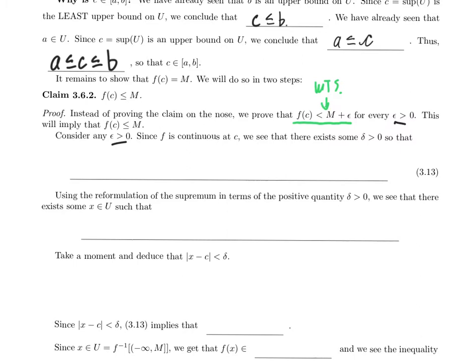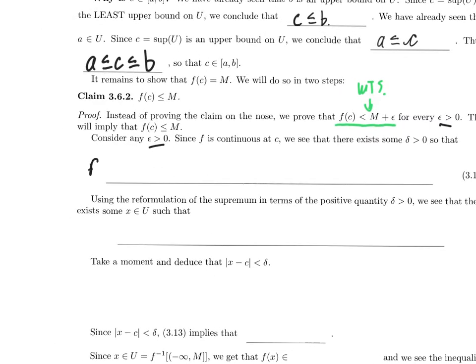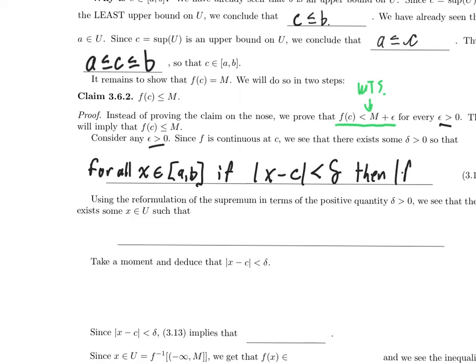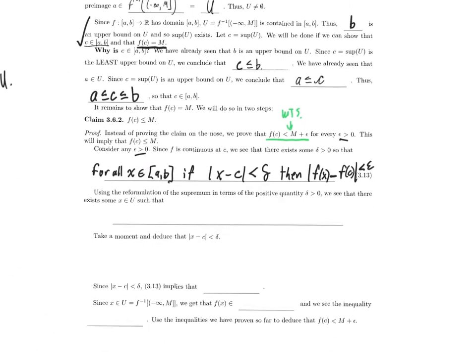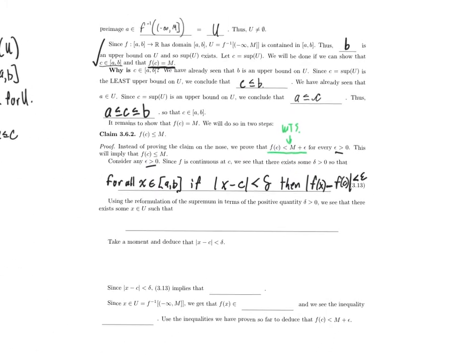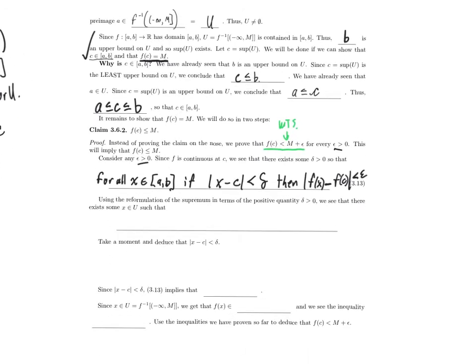Since f is continuous at C, it follows that there exists some delta bigger than 0, such that for all x in [A, B], if the absolute value of x minus c is less than delta, then the absolute value of f of x minus f of c is less than epsilon. Cool.